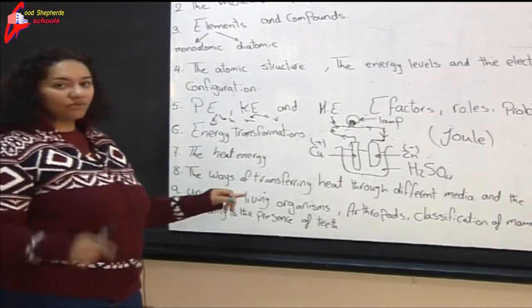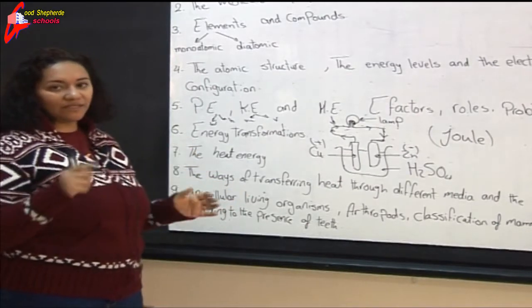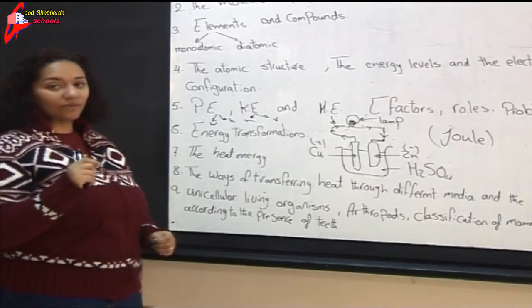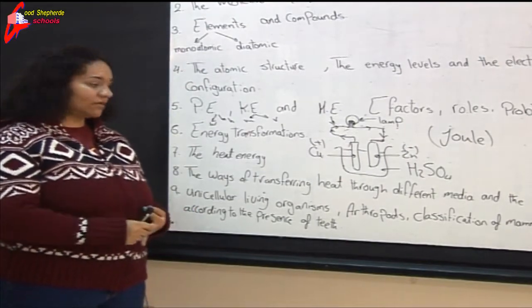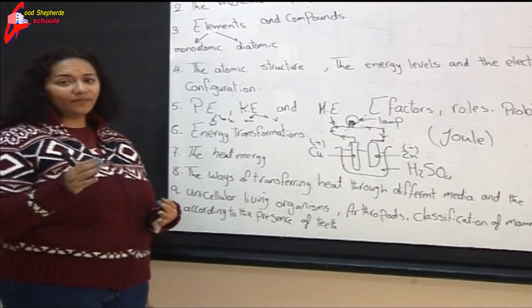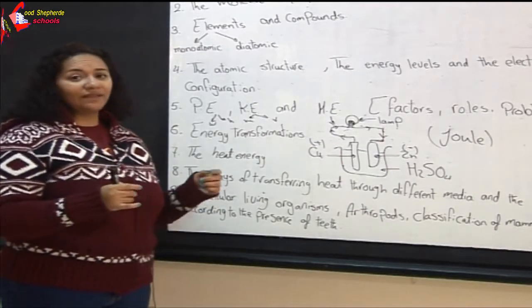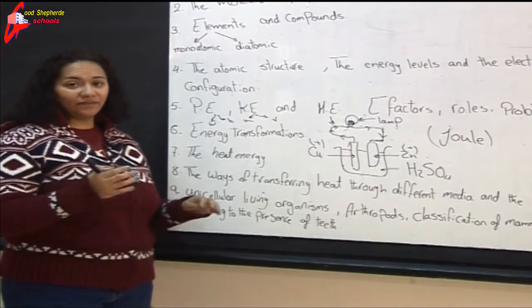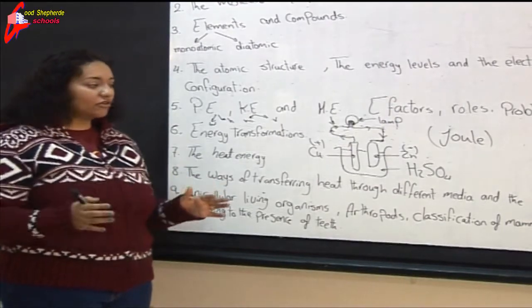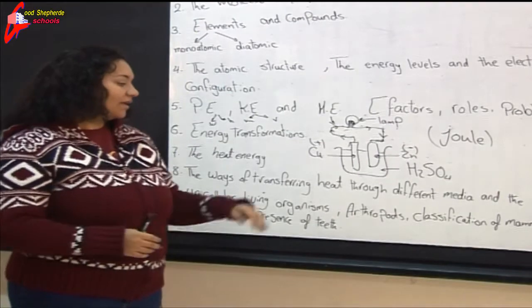They are unicellular, all their body is made of only one cell, like amoeba, euglena, paramecium, and they are different from each other by two things, the external shape and the way of movement. So we can differentiate between them from the external shape or the way of movement.